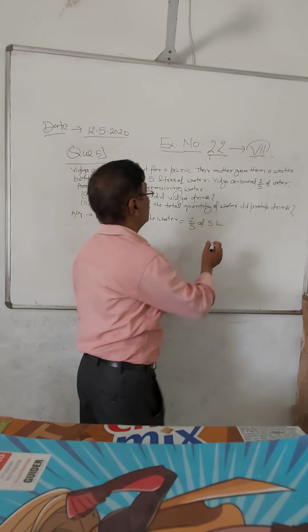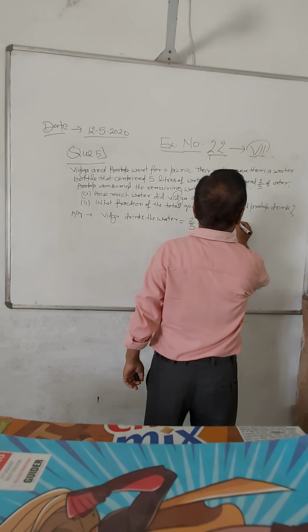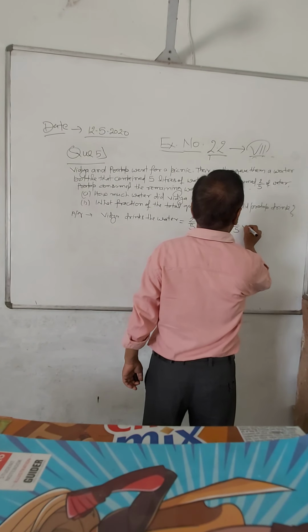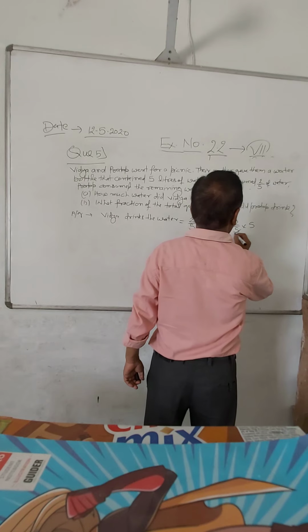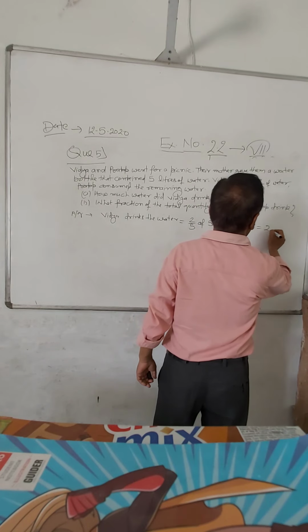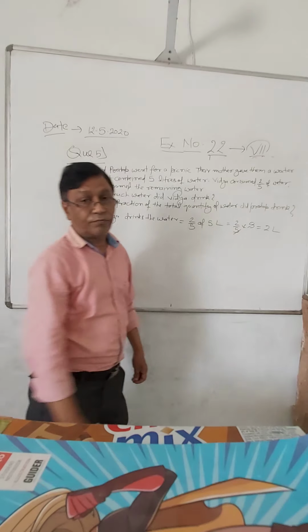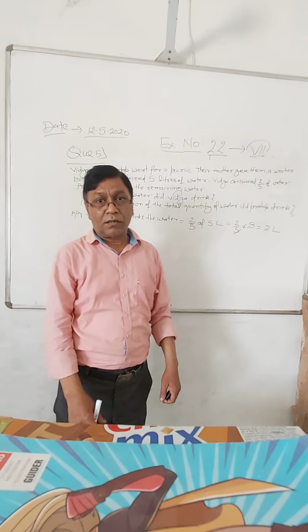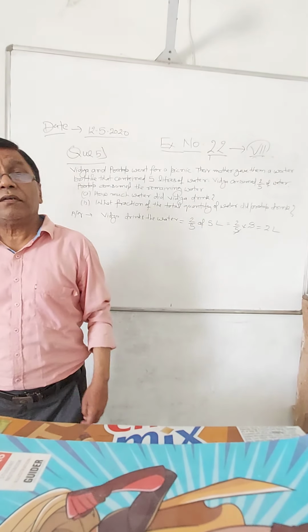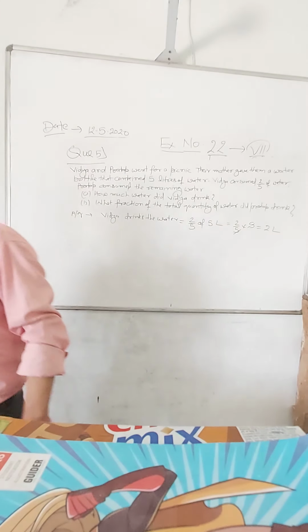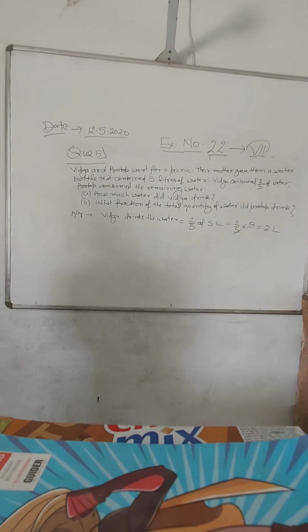So 2/5 into 5, you cancel, so 2 liter. So it is 2 liter water विद्या ने कंज्यूम किया. So again, विद्या ने कितना पानी पिया? 2 liter.